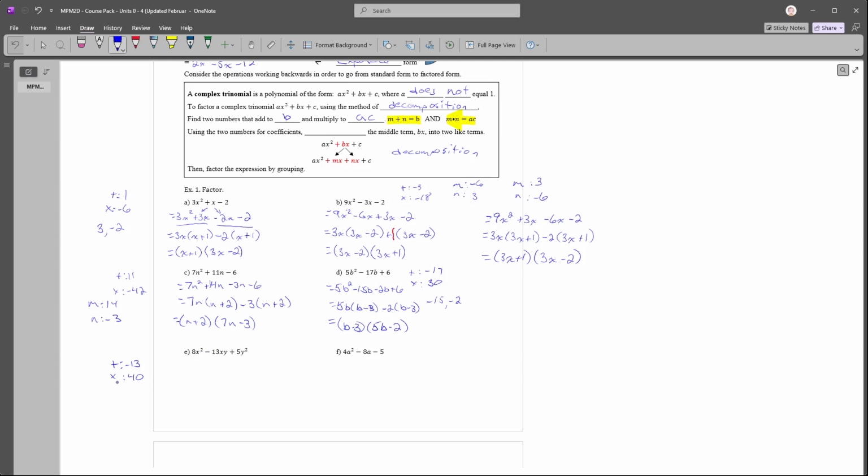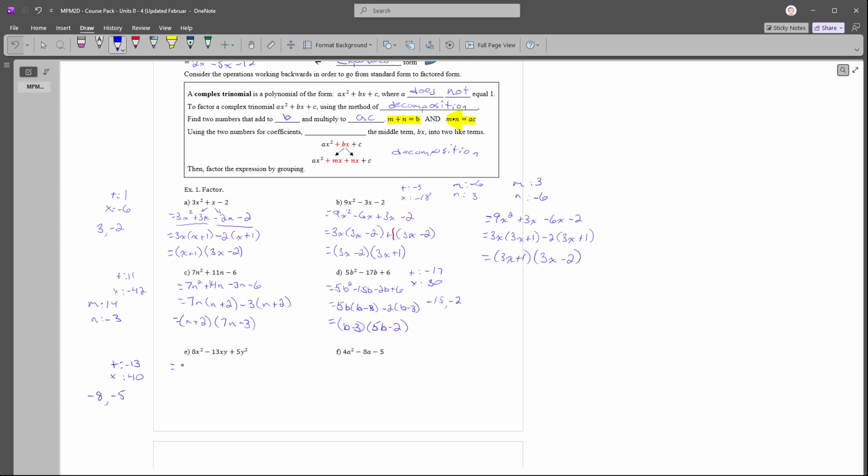So 40 and 1, no. 10 and 4, no. How about 5 and 8? 5 and 8, they add to 13, so let's use that. They're both going to be negative, so it doesn't really matter which one I do. But since I got an 8 there, I'm going to make the 8 first. So negative 8 and negative 5 are going to be my two numbers.